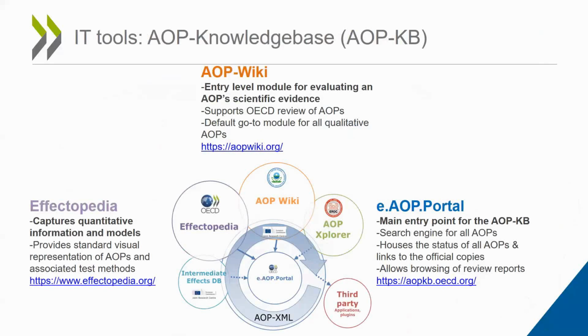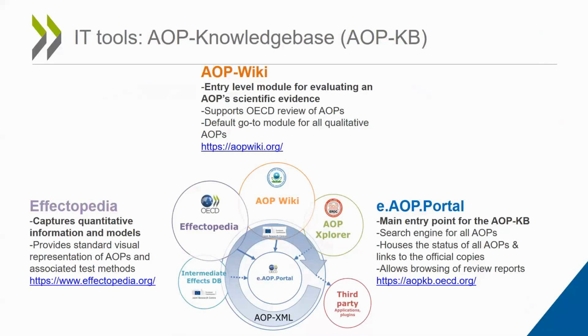So as you see, there are 5 modules in addition to the portal, and I will focus more on the 2 main modules, the AOP Wiki and Effectopedia. Effectopedia is a module that captures quantitative information and provides standard visual representation of AOPs and associated test methods.